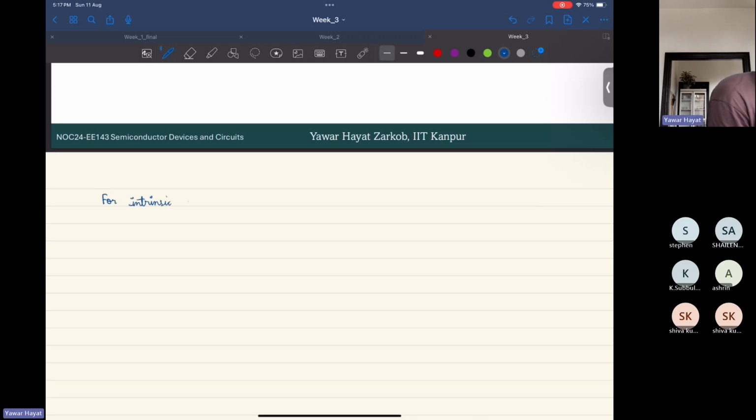For intrinsic semiconductor, Ni is given by Nc exponential of minus Ec minus EFI, where EFI is your intrinsic Fermi level, whole divided by kT.